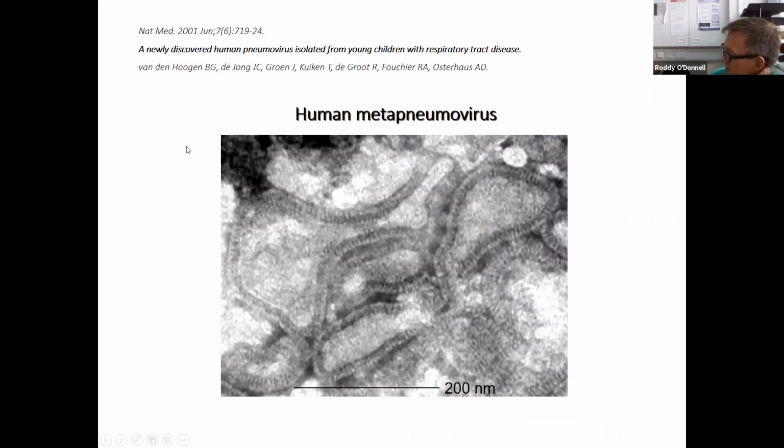Human metapneumovirus, which you've probably come across a lot now, and probably take entirely for granted, was actually discovered this century in RSV-negative bronchiolitis patients in Holland.